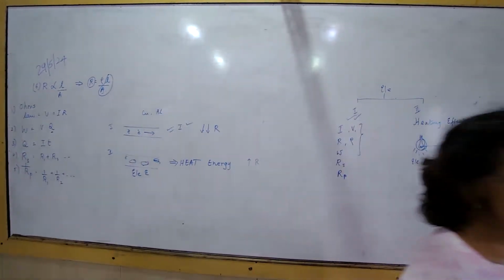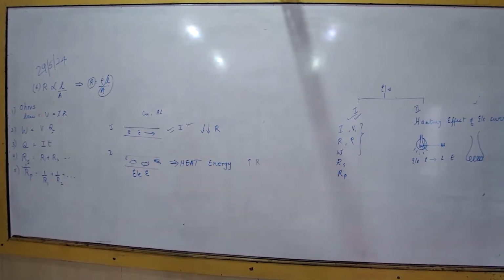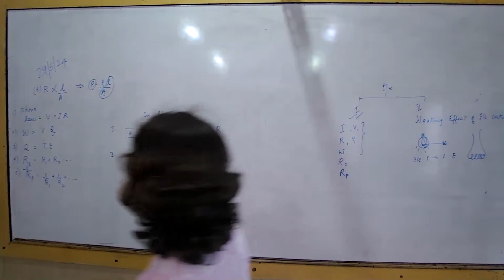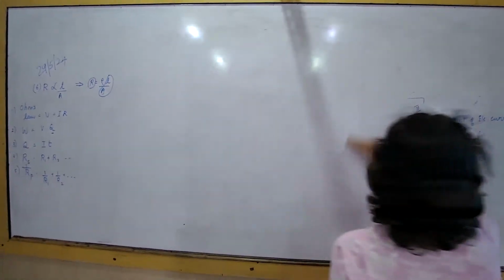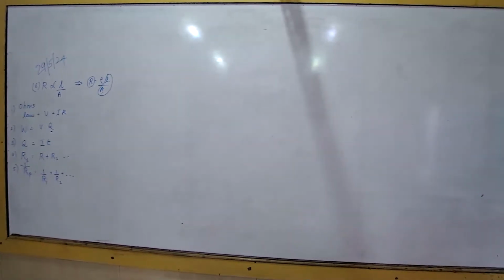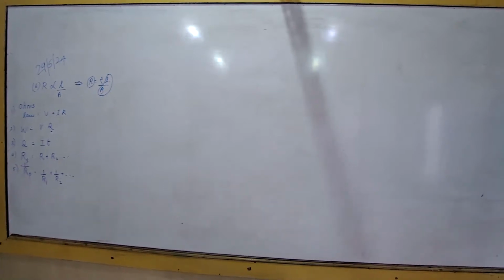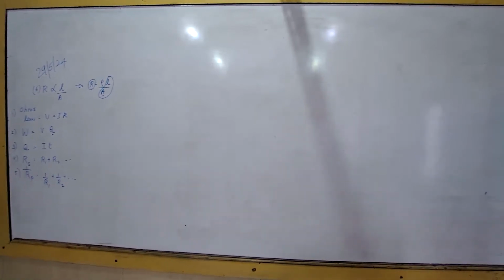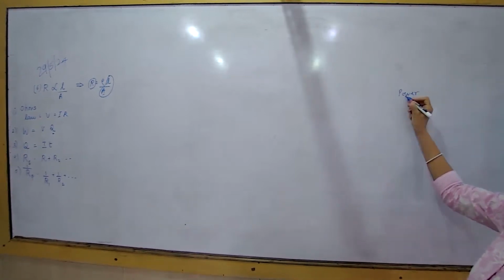So the first part of it you have seen. Now basically we are talking about the heating effect, and we also see how we can find out the power of a gadget.